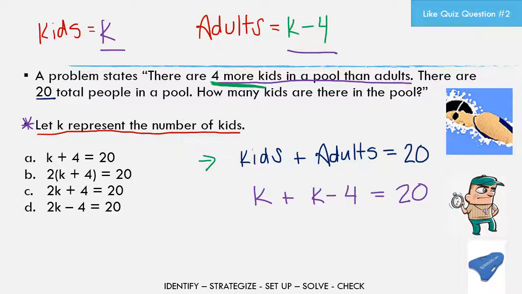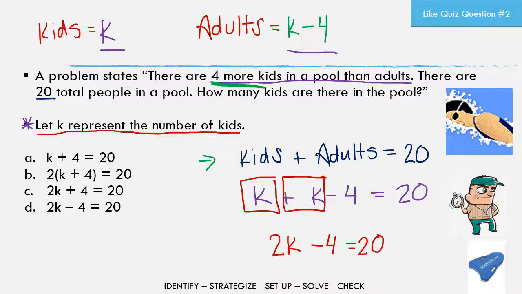And now what we need to do is combine like terms, and we have 1K plus 1K. So now we have 2K minus 4 equals 20. Therefore, our solution is D.